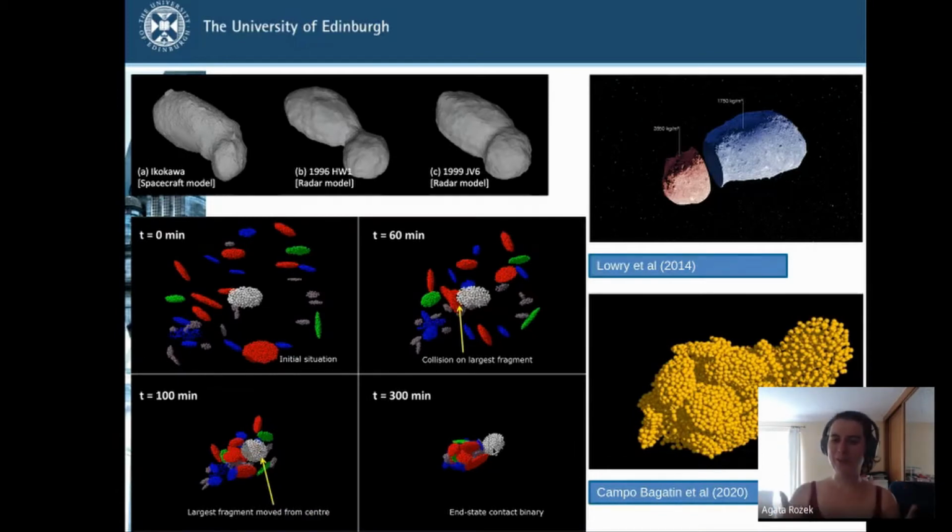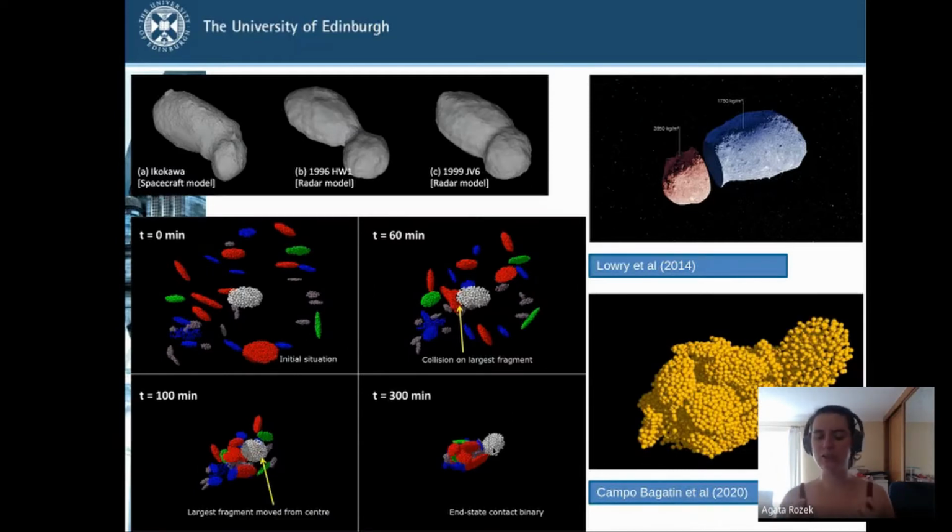So for contact binaries alone, there are 3 different scenarios, who knows, maybe even more, of how they could have formed. Which is why I'm really interested in asteroid morphology. And I want to link these morphological features with those possible formation scenarios, because the formation scenarios also link to what the asteroid looks like inside.